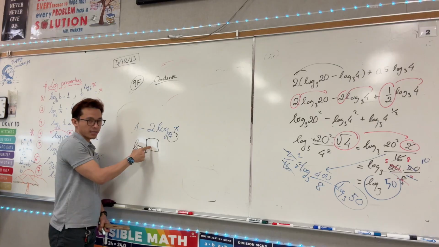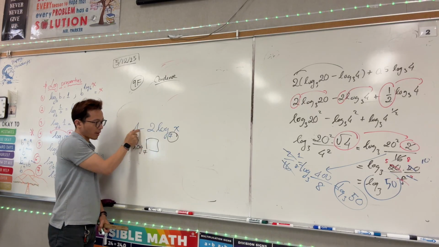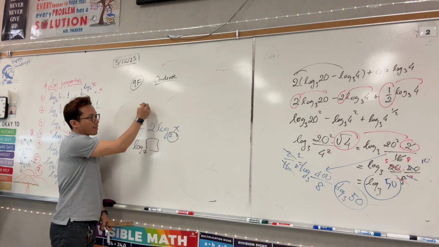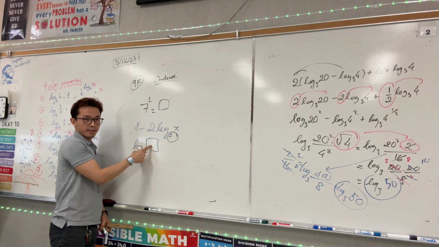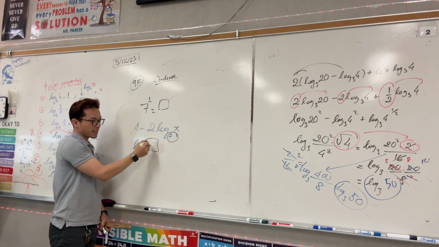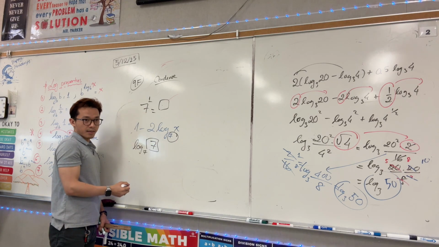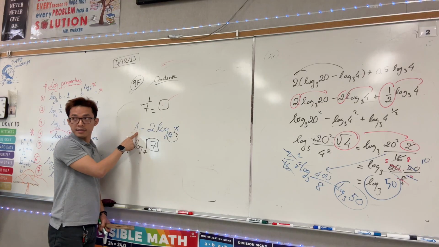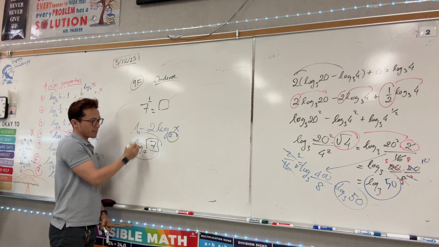So what is this number? 7 to the power 1 is 7. So log base 7 of 7 becomes 1. So this whole thing here is 1.